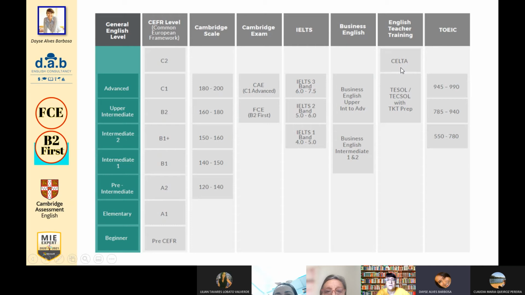So with methodology, even if the person didn't study at a language university, English, literature, English, Portuguese, a person from another area can do the CELTA and receive a certificate allowing them to become a teacher. And we also have this exam here. I'm not so familiar with it, so I'm not going to talk about the TOEIC.